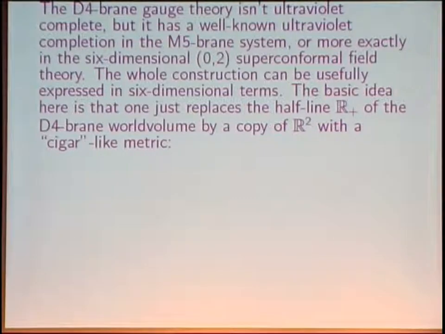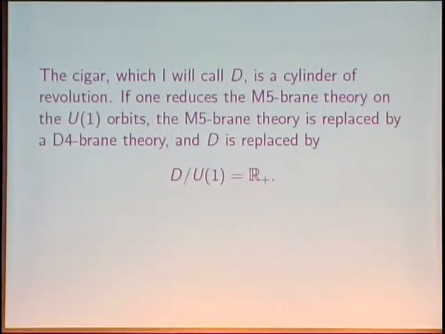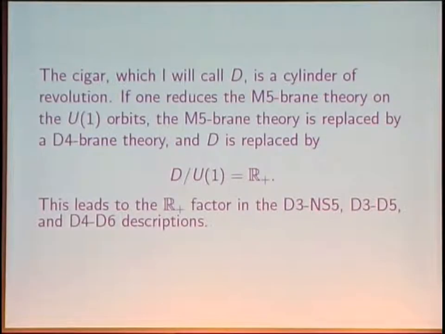Now, you have to modify that a little bit near the endpoint, and the modification, after some standard arguments that I won't explain today, gives you the D4, D6 boundary condition, which we had a few minutes ago. So replacing D by D over U1, which is R plus, leads to the R plus factor that we had in the D3 NS5, D3 D5, and D4 D6 descriptions.